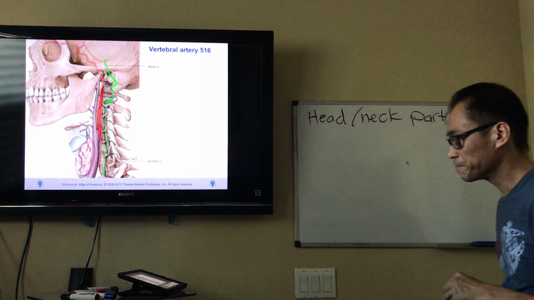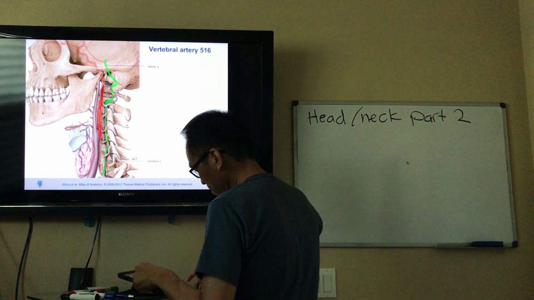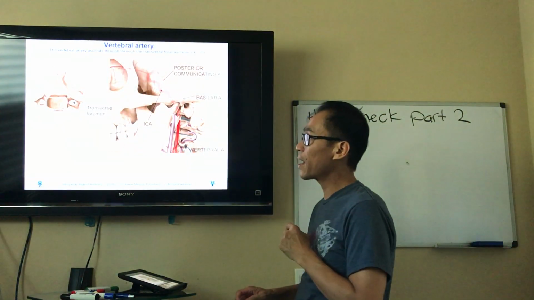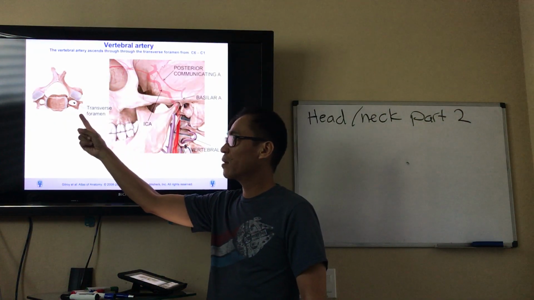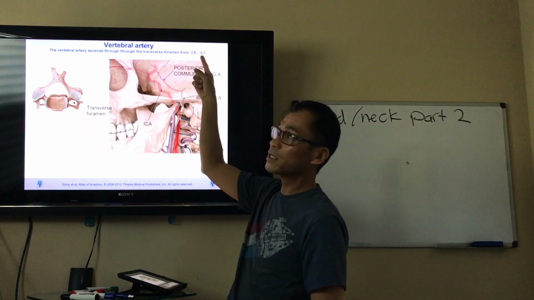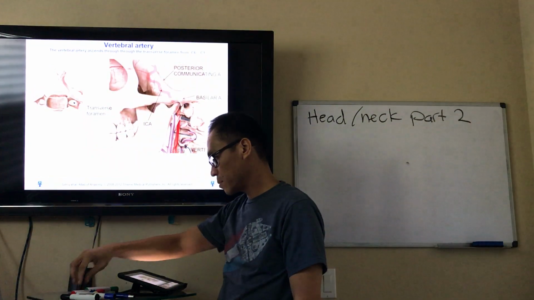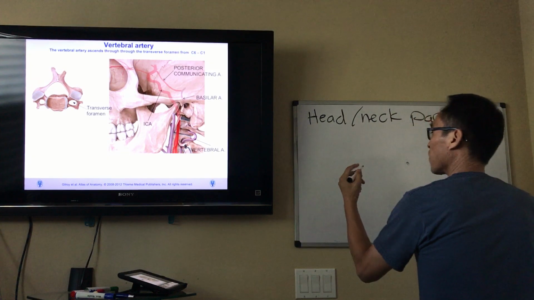The vertebral artery is called such because it ascends in the neck through the transverse foramen of the cervical vertebra, C6, all the way up to C1. Write that down.